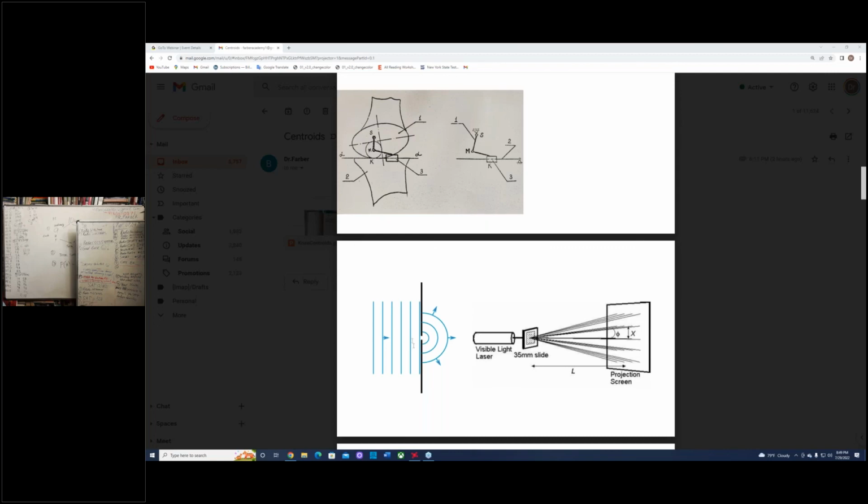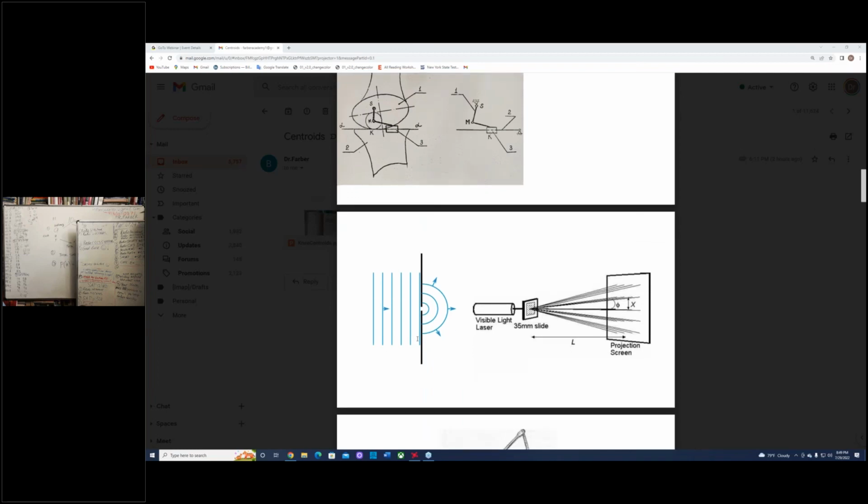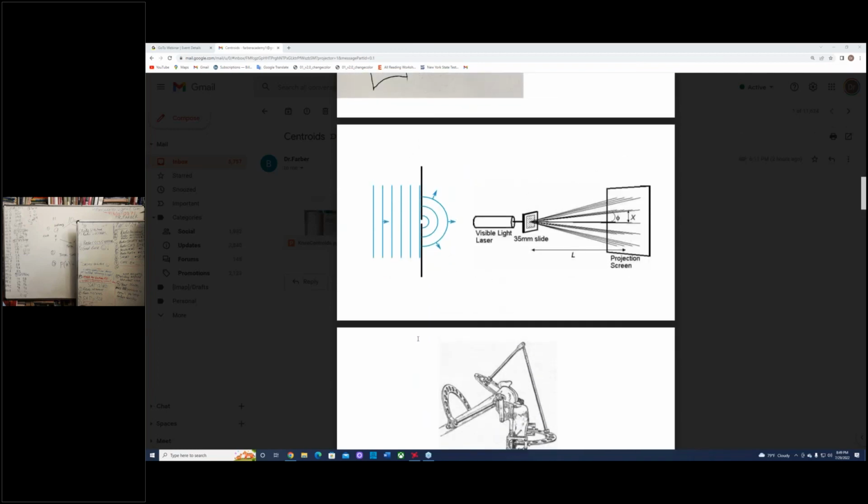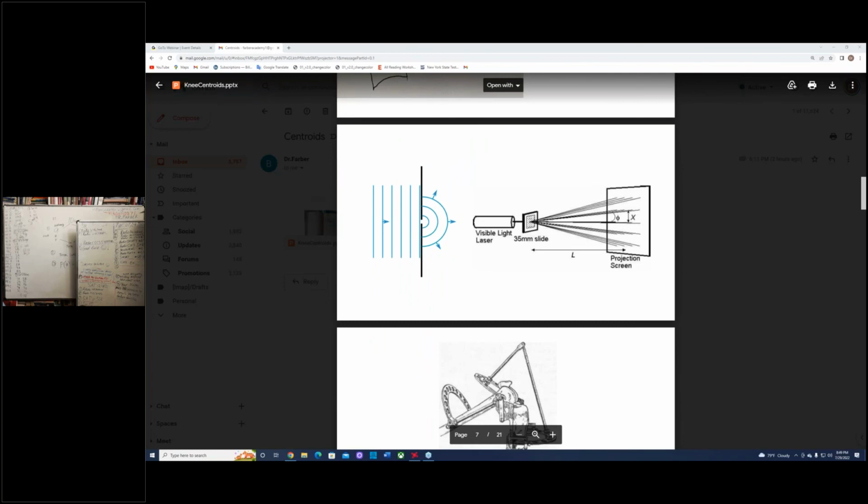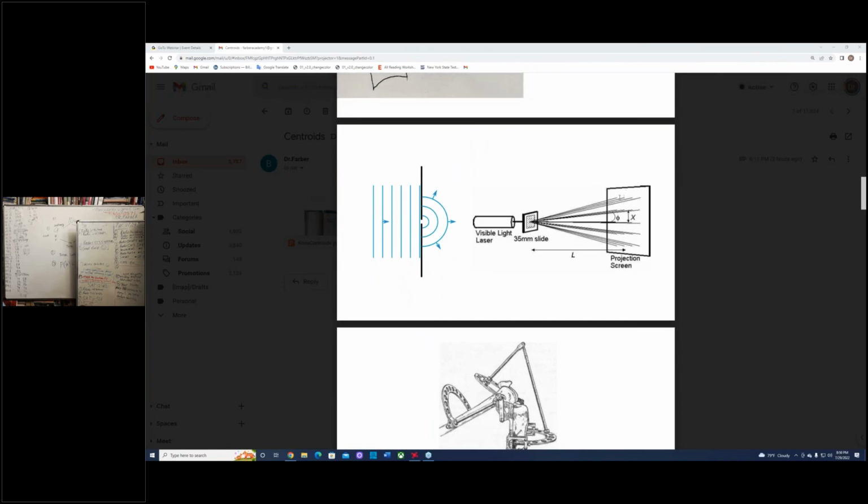You put a laser, monochromatic, and you usually have diffraction. Diffraction always goes perpendicular to aberrations. Since our movement in the knee is very complicated, you're looking for the intersection of different beams of light. And the brightest point is the center of the centroids.